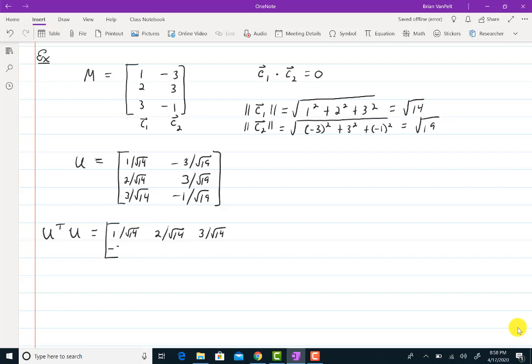The second row will be negative 3 divided by the square root of 19, 3 divided by the square root of 19, negative 1 divided by the square root of 19. And I'm going to multiply it by U itself. Let me put its columns back. And the other column.